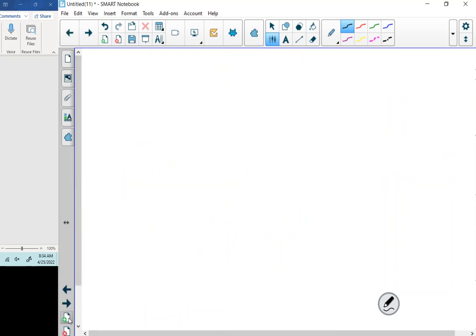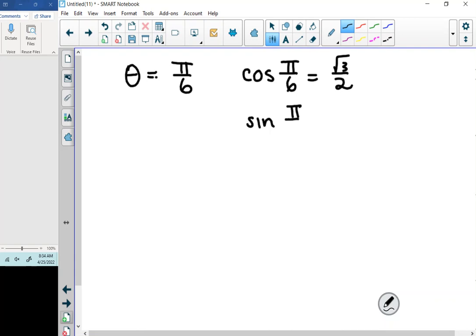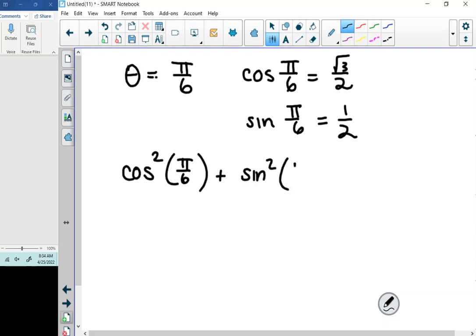Like if I'm talking about pi over 6, you don't have to necessarily write this down. You can just watch what I'm going to say. So cosine of pi over 6 is root 3 over 2. And sine of pi over 6 is a half. The identity says that the cosine of pi over 6 squared and the sine of pi over 6 squared added together should equal 1.